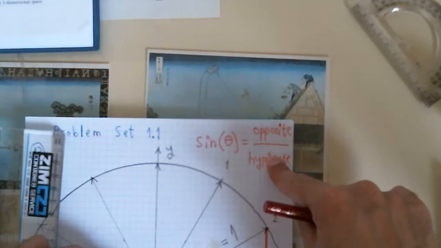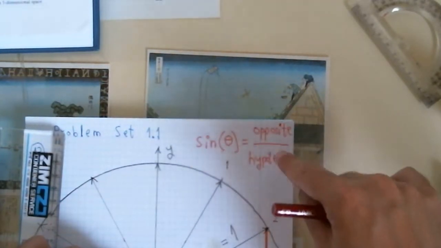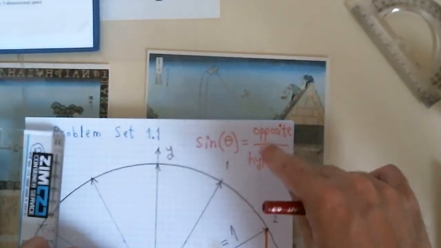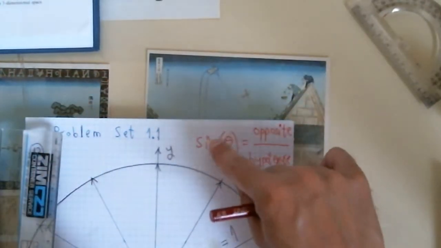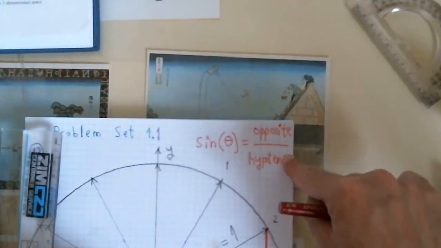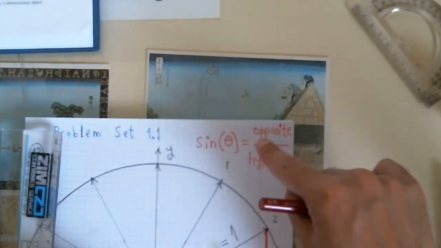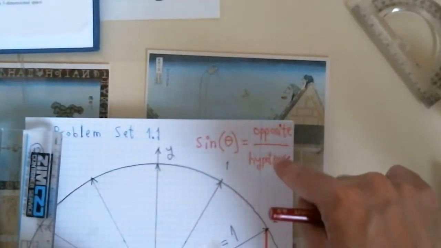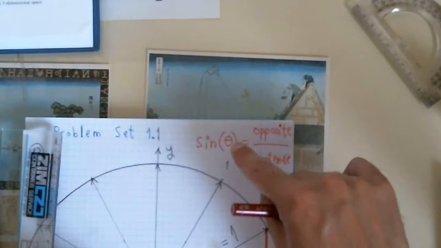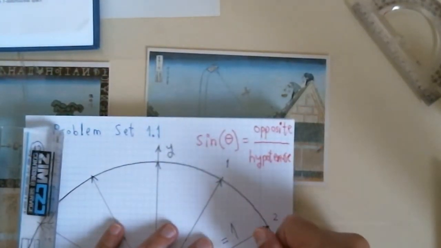This is 1. And the opposite, if we want to know how much it is, we put into the equation all the numbers that we do know. Here we put half. Instead of all this, we put 1. And then we have half equals opposite divided by 1. So opposite is equal to half. Okay, so here I'm writing half.